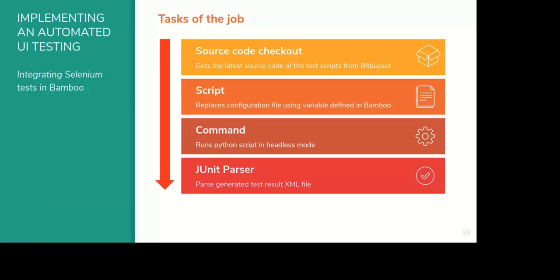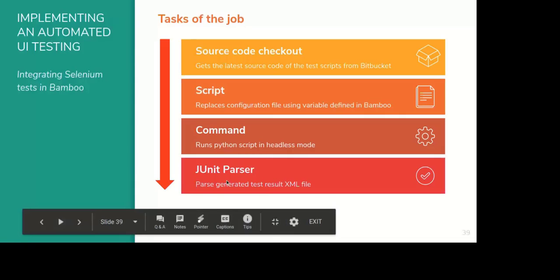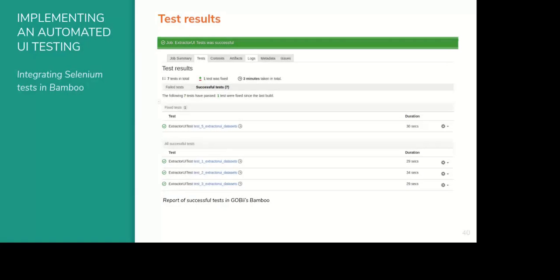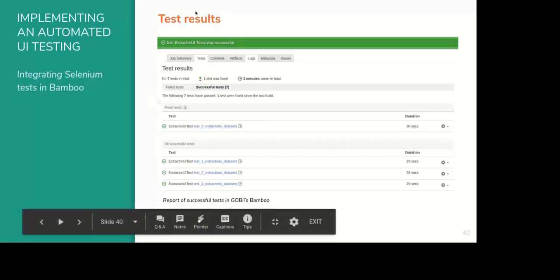And we have this JUnit parser to parse the generated test result XML file. In this part, the XML code will be parsed to display the error and success results. So it basically displays the test results. This is a sample interface if all the tests were successful.